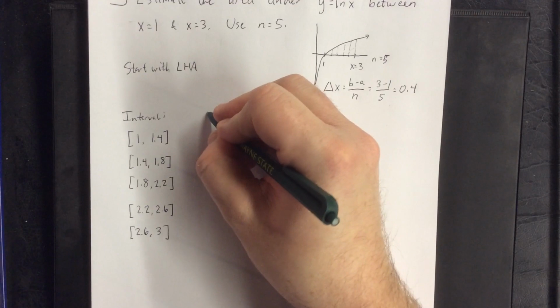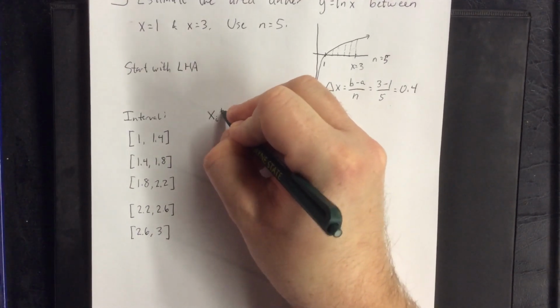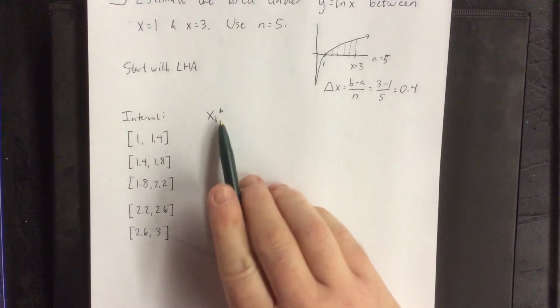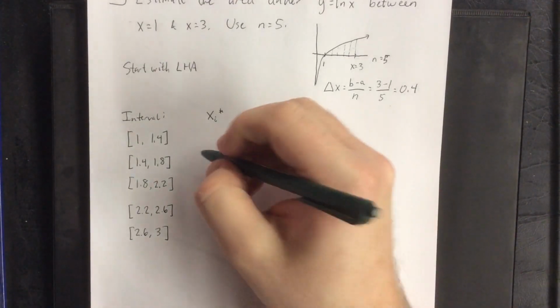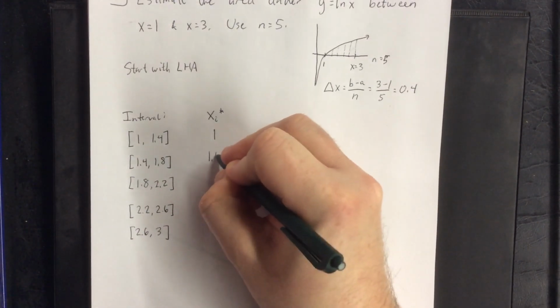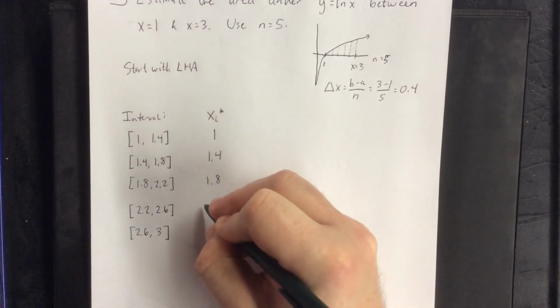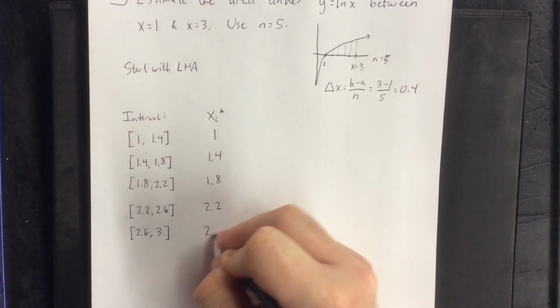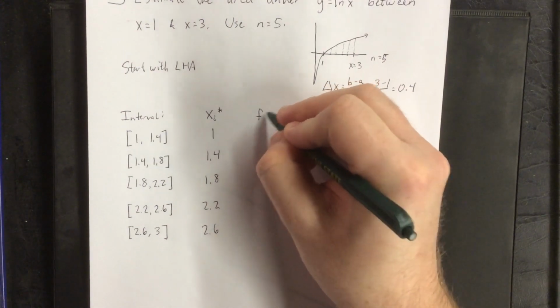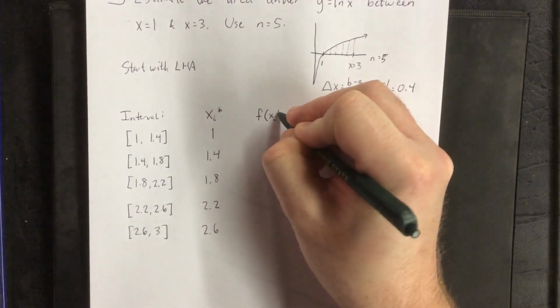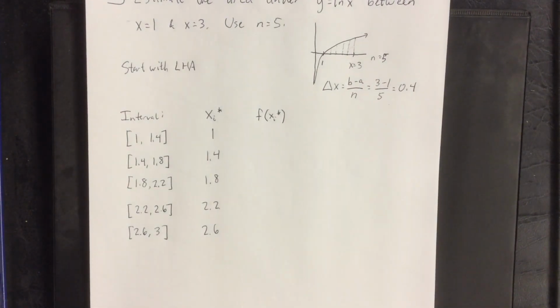So for the left-hand approximation, the representative point that we'll be using, which we refer to as x sub i star, will be the left endpoint of each interval. So it'll be 1, 1.4, 1.8, 2.2, and 2.6. We will also need the height of the approximating rectangle for each of those, and the height is going to be what we get by evaluating f of each of these.